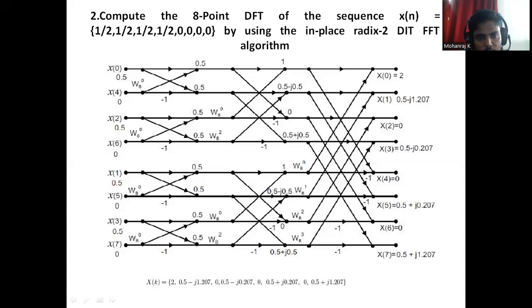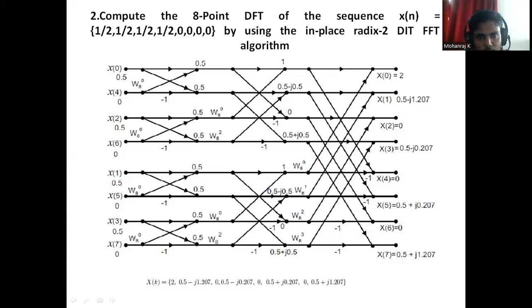For that value, 0.5 plus 0 equals 0.5, and for this one 0.5 plus 0 equals 0.5. It is just addition only. x[3] equals 0.5, x[7] equals 0, so 0.5 plus 0 equals 0.5.